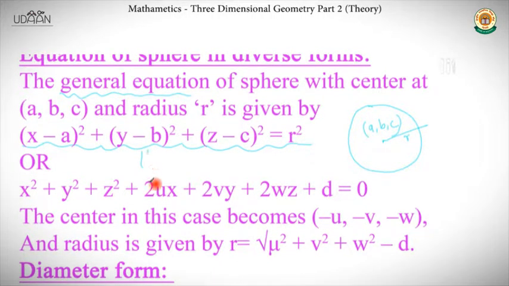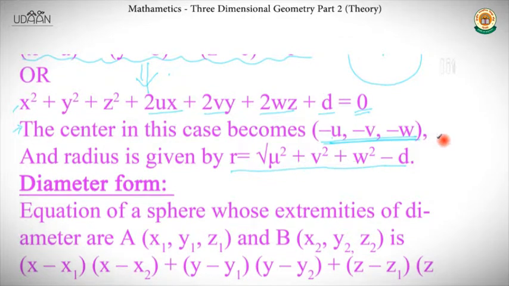Or this can be simplified to x square plus y square plus z square plus 2ux plus 2vy plus 2wz plus d equal to 0. This equation has center (minus u, minus v, minus w), and radius is given by root of u square plus v square plus w square minus d.